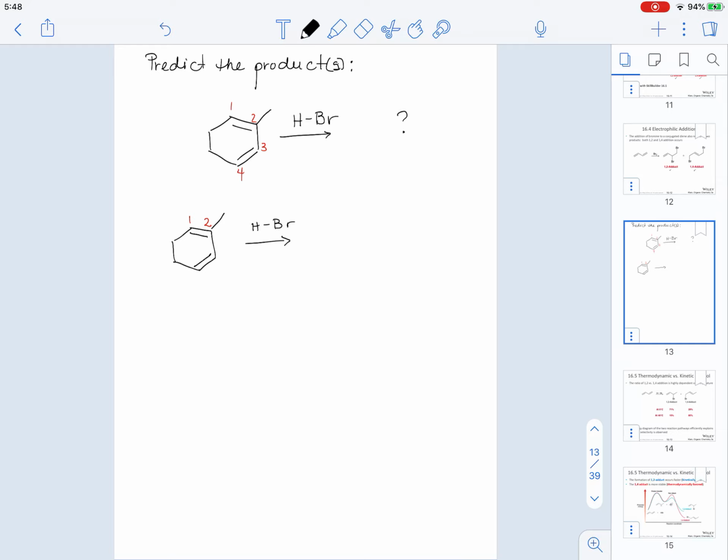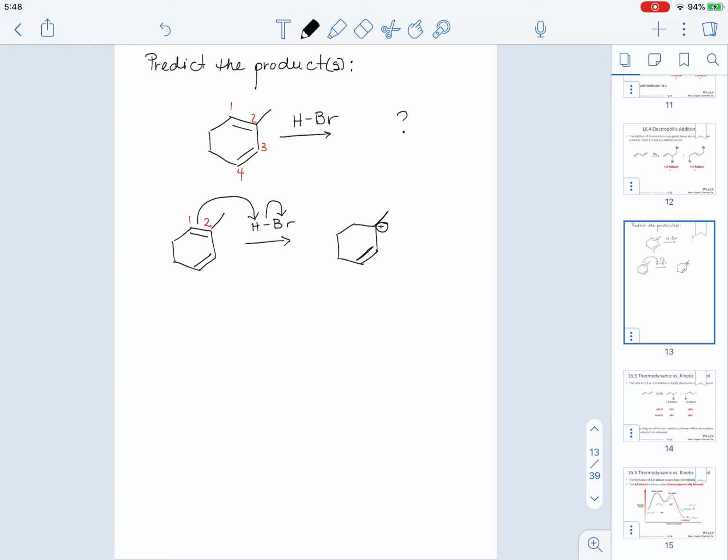If this is grabbing onto the hydrogen, breaking the hydrogen-bromine bond, then understand that when I redraw this molecule, carbon number 1 is going to receive the hydrogen. That means that carbon number 2 is going to have a carbocation.